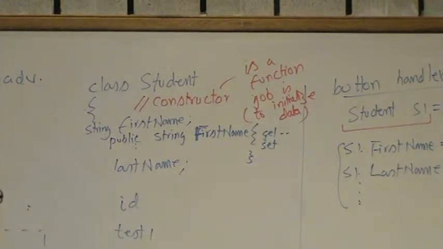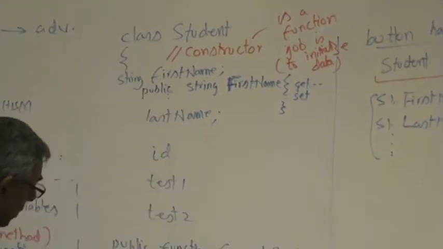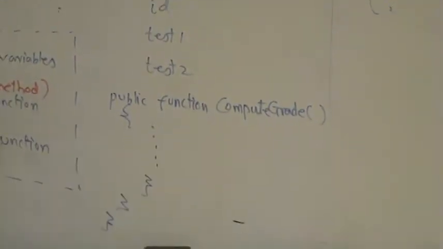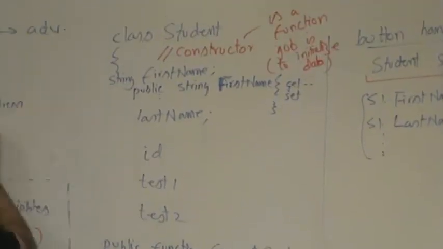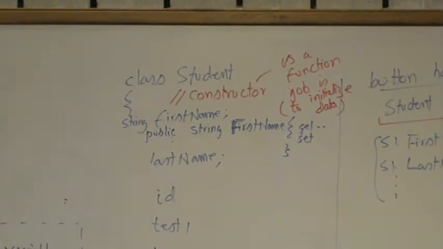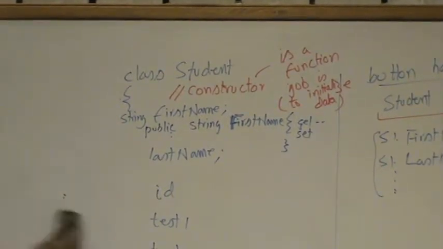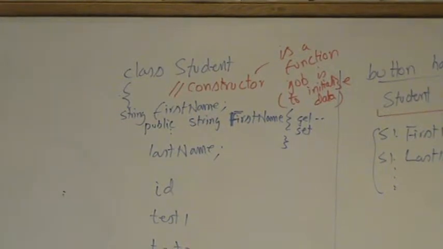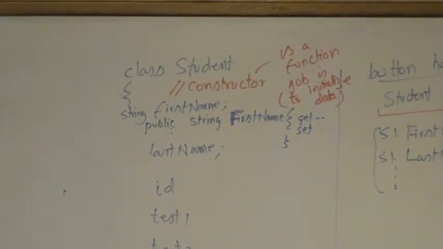Okay, so somewhere inside of our class, somewhere at the top or before we end the class, we can add now a constructor over here. So what does the constructor look like?